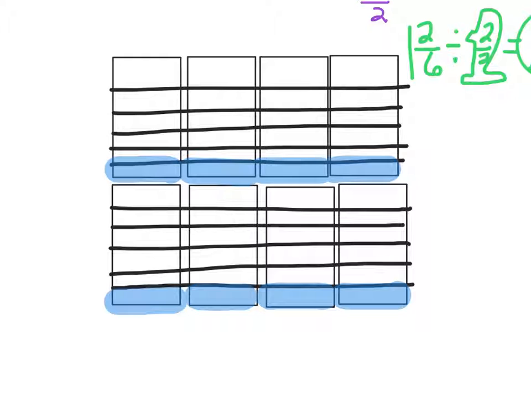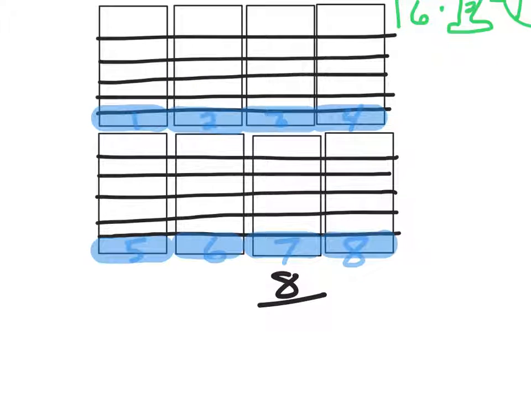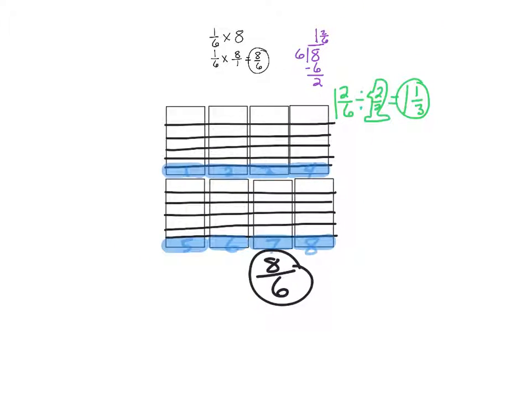All right, so now I can simply count these, and I've got 1, 2, 3, 4, 5, 6, 7, and 8. So I've got 8 out of those 6 parts, right? So 8/6. And if you look here, 8/6 agrees with my algorithm right there, right? And that is always beautiful, my friends.